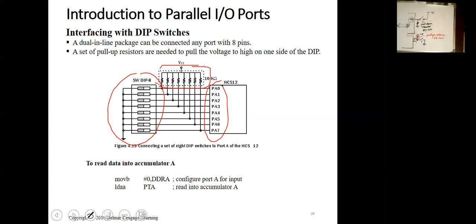If you close any of these switches, the corresponding node here will be connected to ground, and you read a 0 in that place when you read the port. Okay, any question?